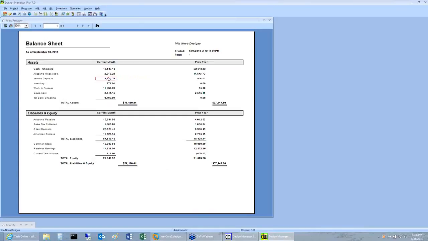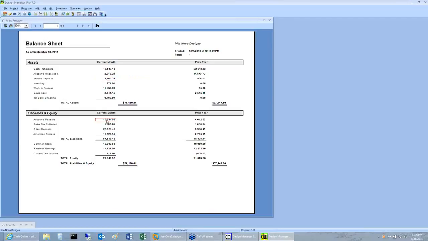So basically your balance sheet is holding those interim amounts, like the client deposits you collected and the vendor deposits that you paid out. Now the next thing that happens in a normal progression is you would end up ordering furniture, paying deposits, and getting bills from your vendor. When you get bills from your vendor, they go into accounts payable.